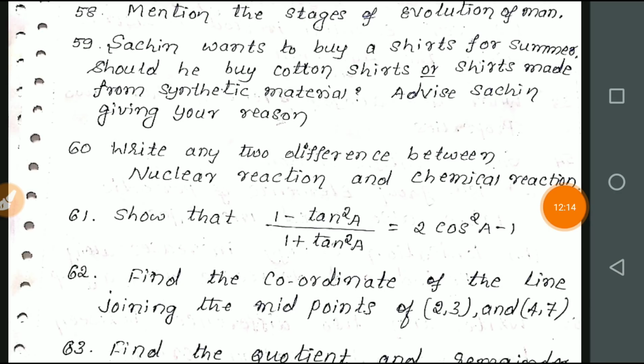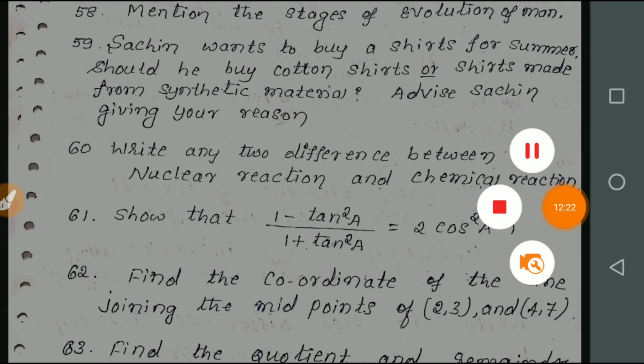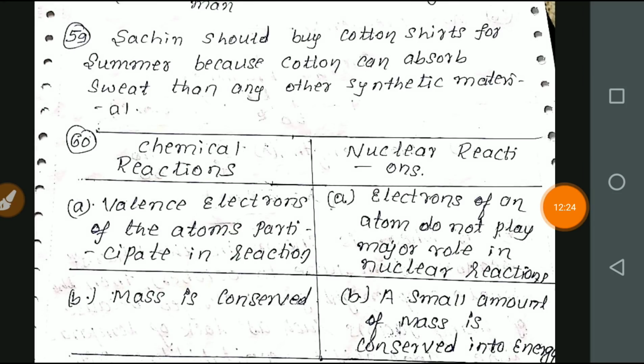Write any two differences between nuclear reaction and chemical reaction. Chemical reaction is nothing but valence electrons of the atoms participate in the reaction.